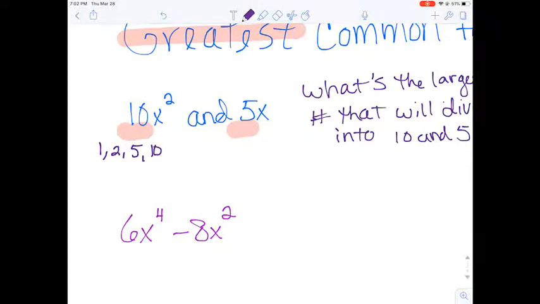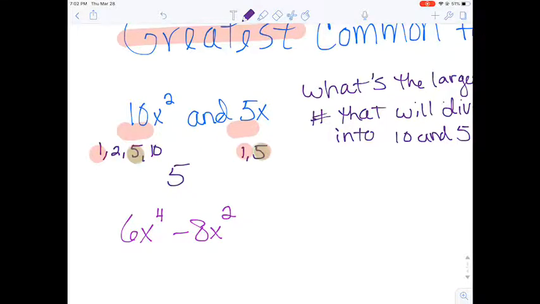Those are all the things that multiply to 10. And 5 is 1 and 5. If I look between these, the common factors are 1 and 5. They both have those. But the greatest one is 5. So 5 would be part of my greatest common factor.